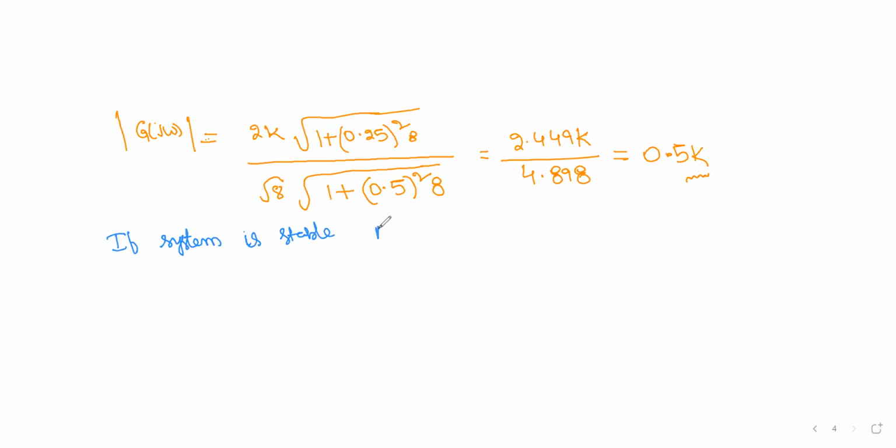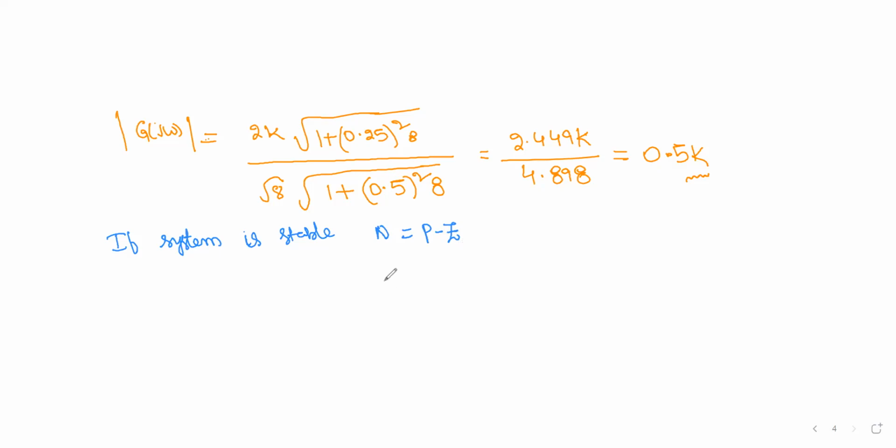It needs to satisfy capital N equal to P minus Z. So what is N? Number of poles encircled. What is P? Number of poles lying on the right hand side. What is Z? Number of zeros lying on the right hand side.